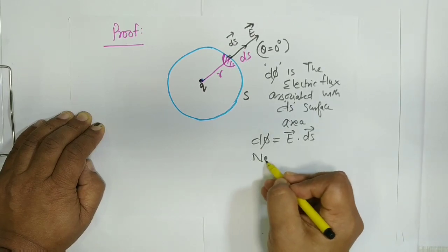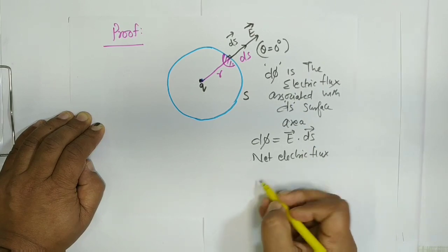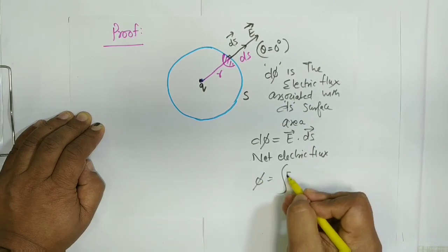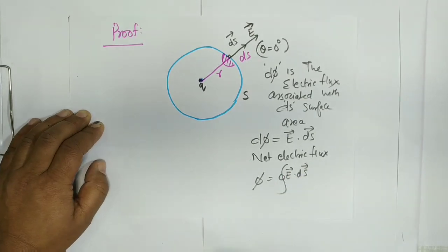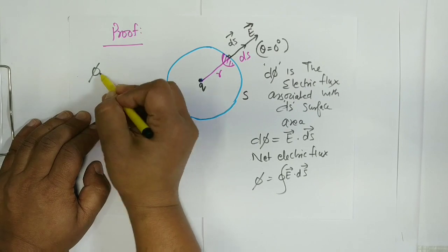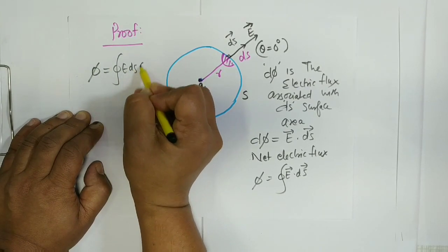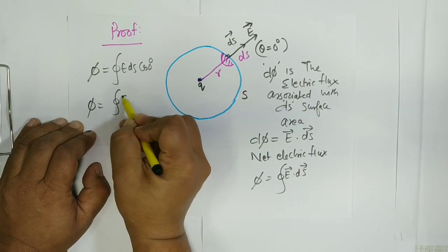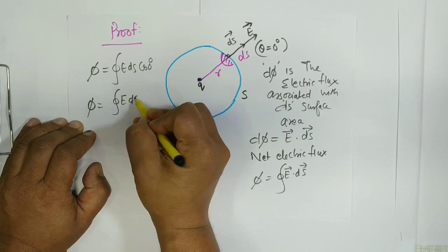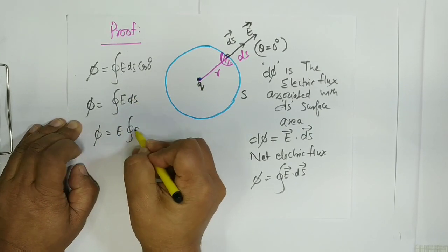So net electric flux phi will be the closed integral of E dot ds. Then finally it will be E ds cos 0. You know that cos 0 is 1, so phi will be E, integration of ds.